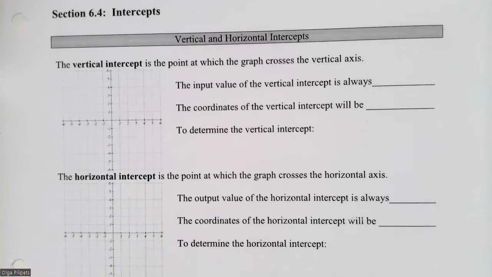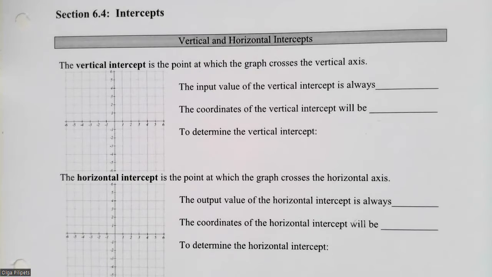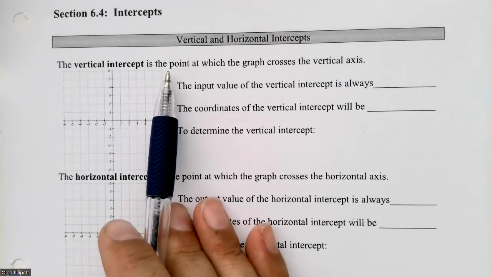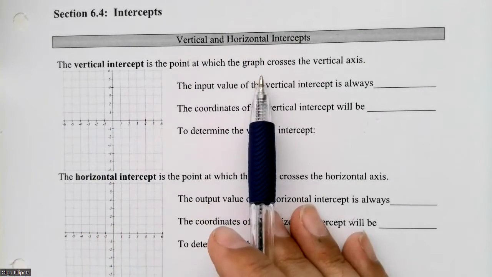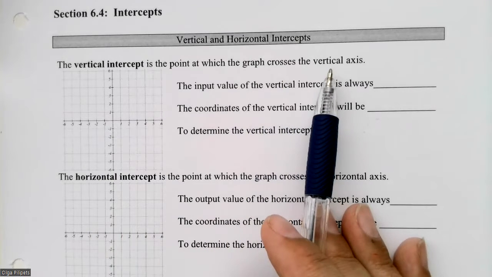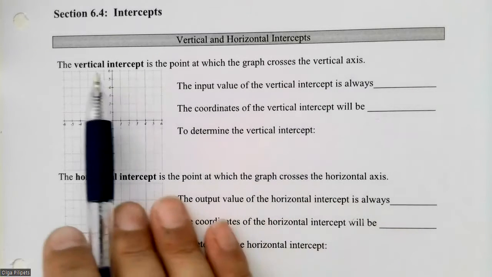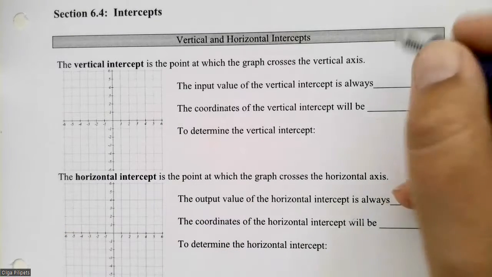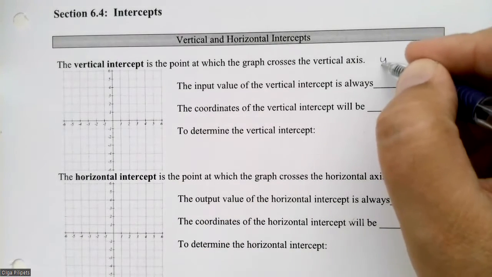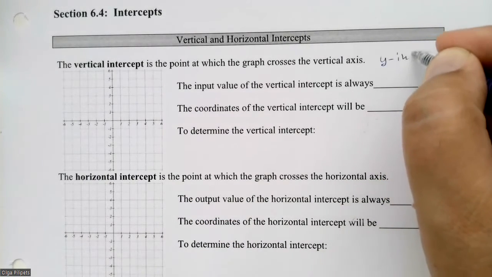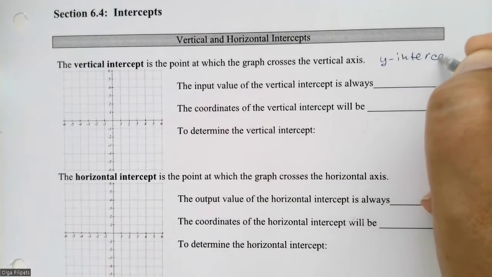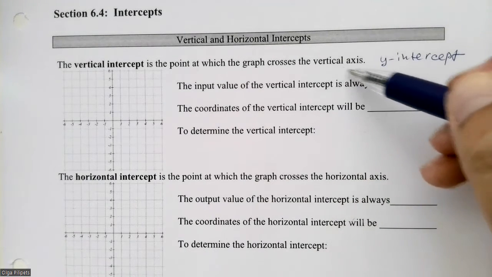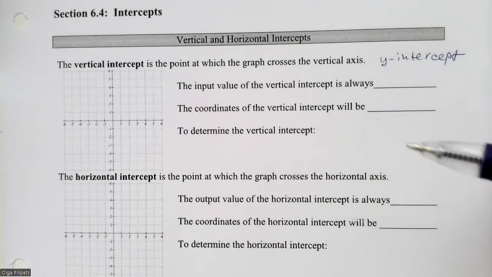So let's apply this knowledge here. The vertical intercept is the point at which the graph crosses the vertical axis. So the vertical intercept is also the y-intercept. It's where the graph crosses the vertical or y-axis.